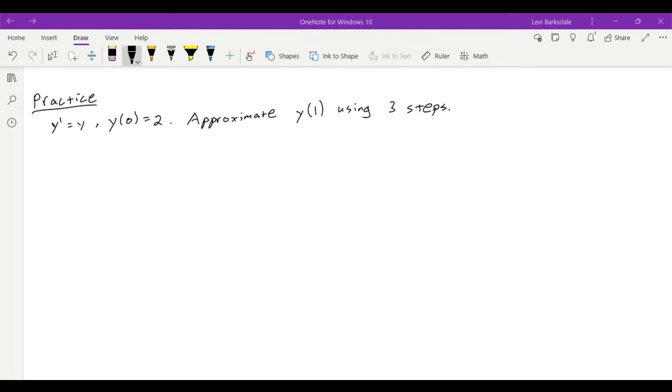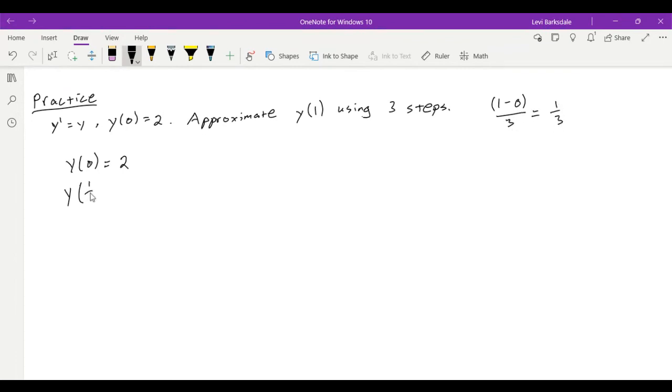All right, let's go ahead and go over this one. So first off, you already know that our first value is 2. So using 3 steps, we're going from 0 to 1. So each step size would be 1 minus 0 divided by 3, or 1/3.